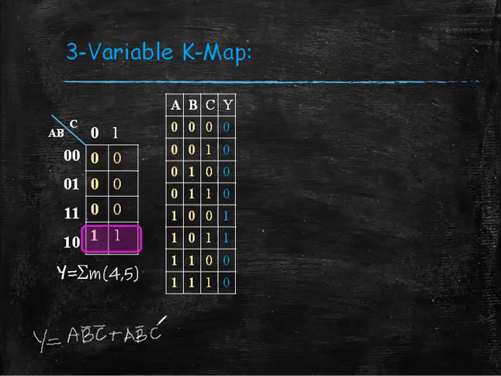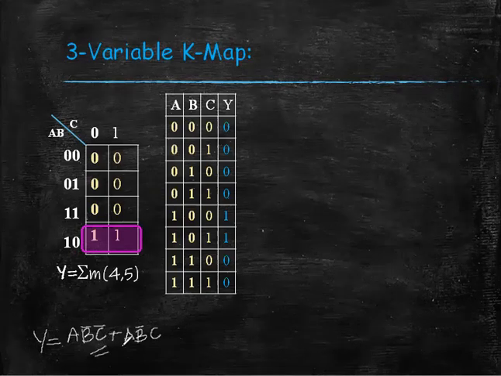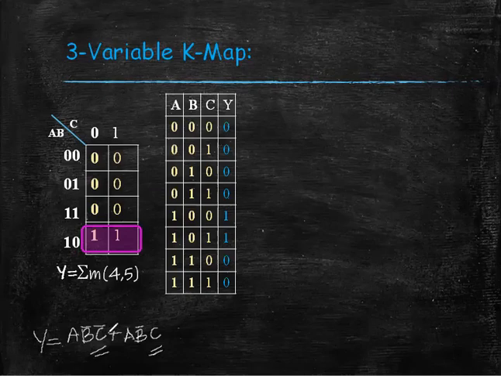Which variable is complemented or uncomplemented in these two terms? Here we know that C bar is changed into C. Then we can avoid that variable. Then the only remaining quantity must be equal to what?